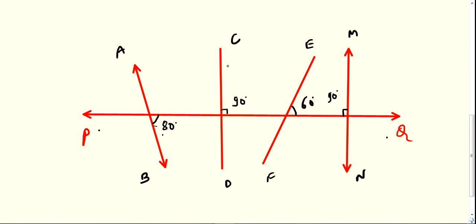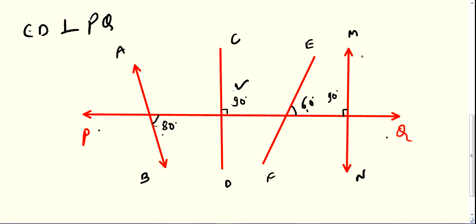Next we have line segment CD and the angle is 90 degrees. So yes, CD is perpendicular to the line PQ. Then EF is a line segment and the angle is 60 degrees, less than 90, so EF will not be perpendicular to PQ.